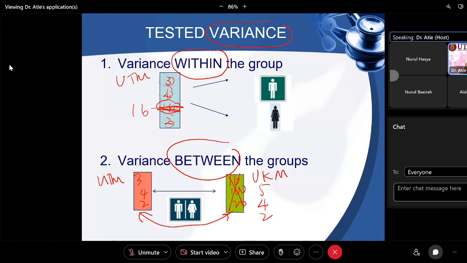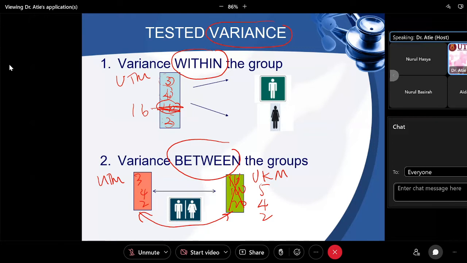So that person shouldn't be in our analysis. Faham tak Asha? Sebab dia pandai sangat, too clever. Is it fair for us to compare this clever person dengan those people who have marks 3, 4 and 2? Is it fair? Tak adil kan? Jadi kita cancel 16 tu.